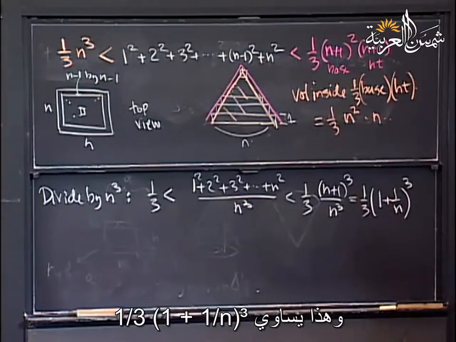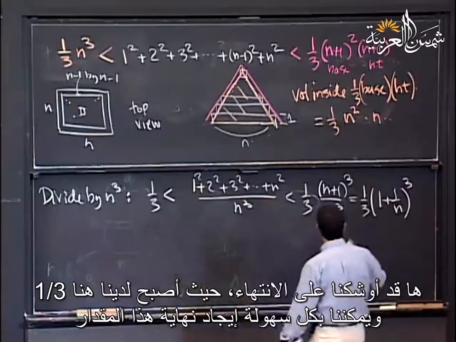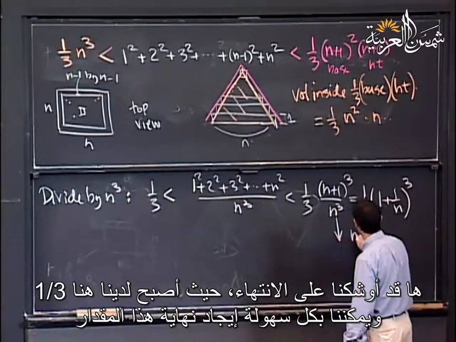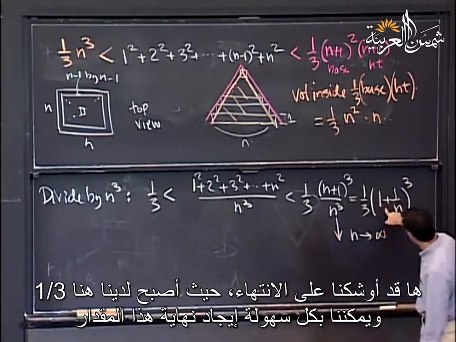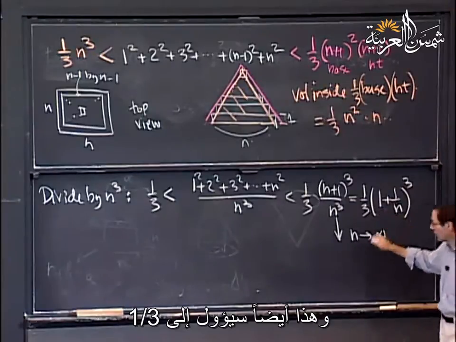And now I claim we're done, because this is a third, and the limit as n goes to infinity of this quantity here is easily seen to go to 0. So this also goes to a third.